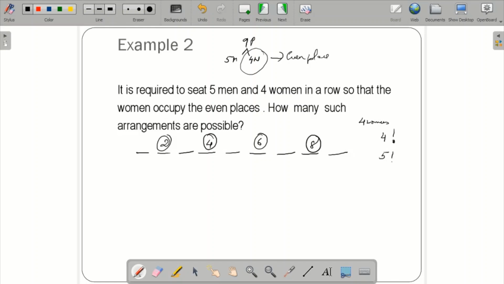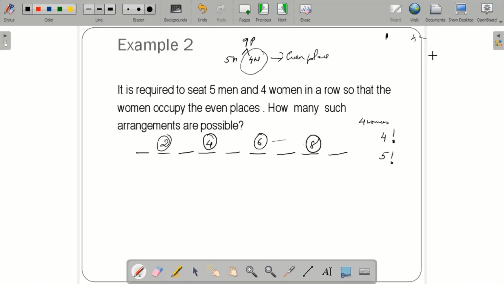In how many ways? 5 factorial. For example, if you had only one woman, then she can sit in these even places in 4 ways. So we have 4 women over here, so obviously 4 women can occupy the 4 even places in 4 factorial ways. 5 men, there are 5 places, so they can be seated in 5 factorial ways.